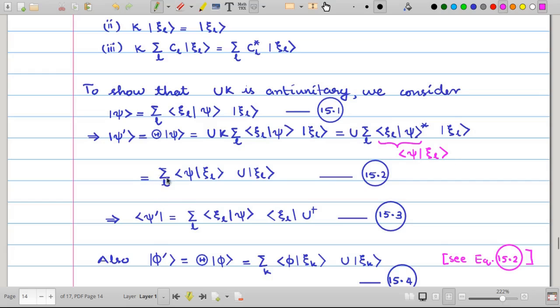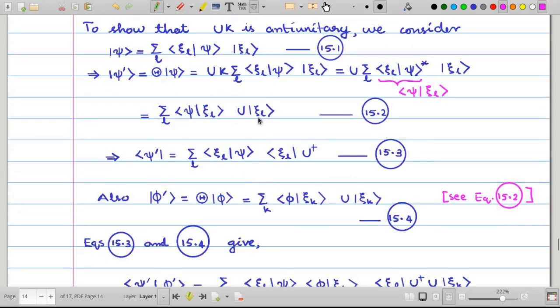So we get back the sum over l of the inner product of psi with c_l, then U acting on the basis vector |c_l>. And if you take the corresponding bra, the bra psi dash is simply the sum over l, then the complex conjugate of this, which would be exactly the same as the inner product of c_l with psi, then the bra c_l multiplying the adjoint, U dagger.